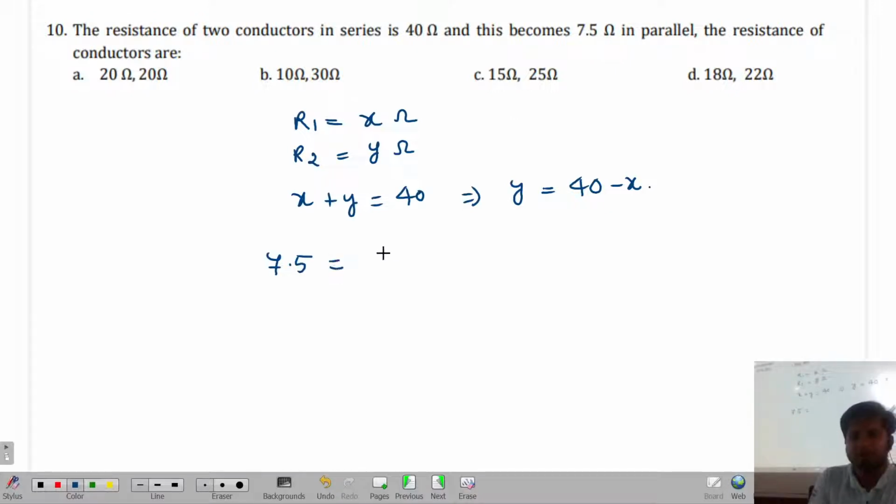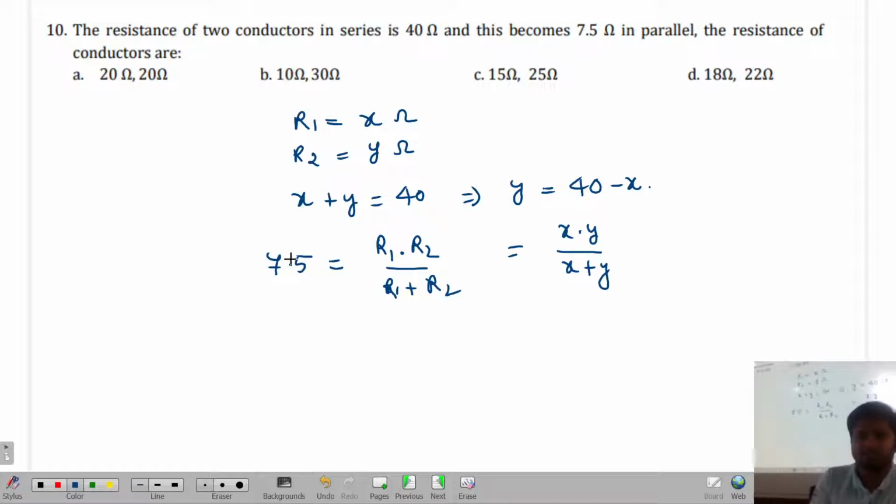So 7.5 is equal to R1 into R2 divided by R1 plus R2, which is X into Y divided by X plus Y.